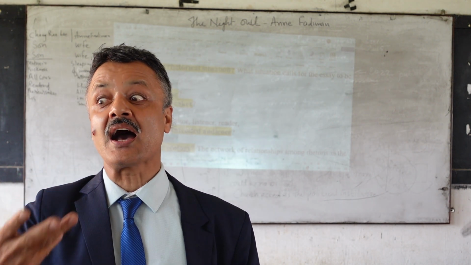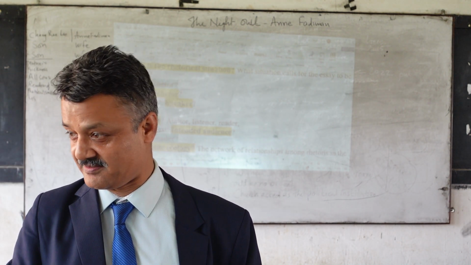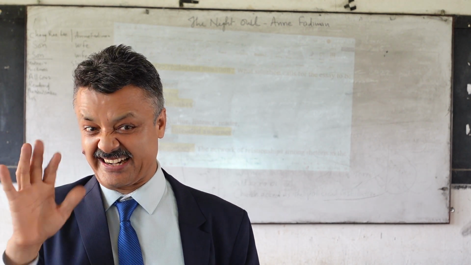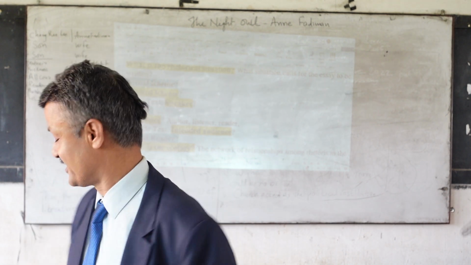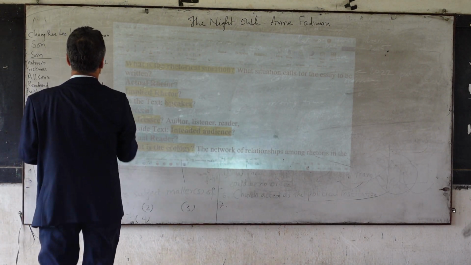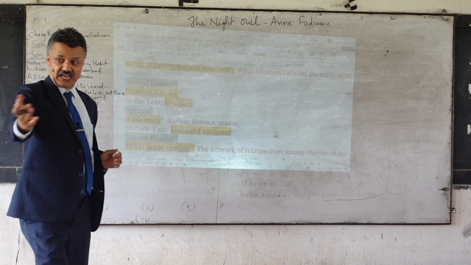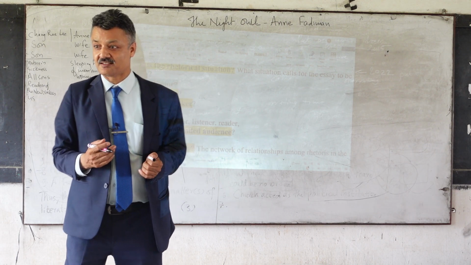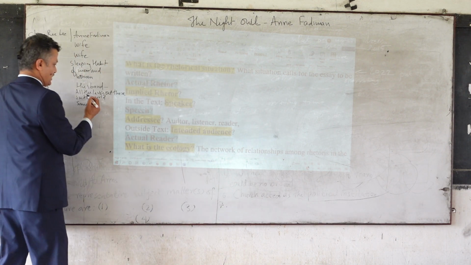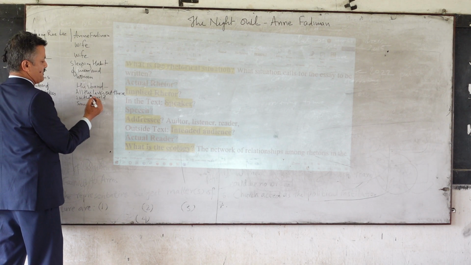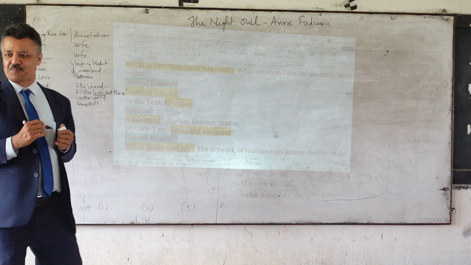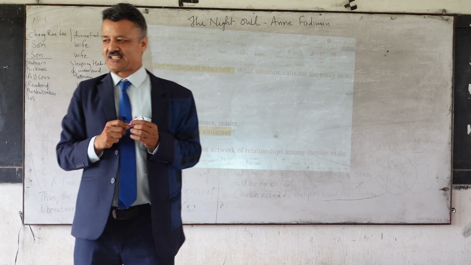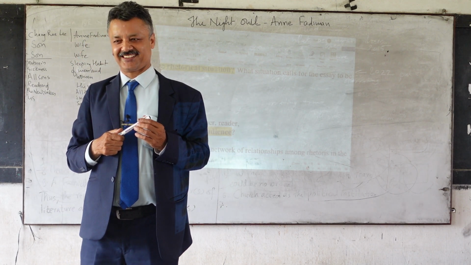The implied addressee may be many. The intended readers, they may be the husband, because many times he says George. She names her husband. As we said, the implied addressees may be the larks, those people who work during day and sleep at night.